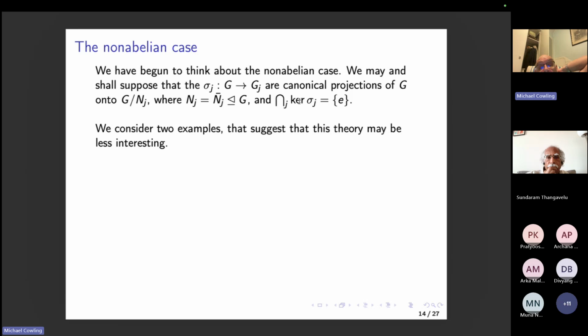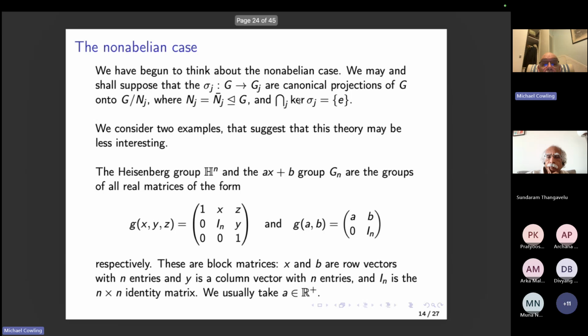Their arguments to show that you need some kind of non-degeneracy also apply in general. So we're going to look at two examples that unfortunately suggest that the theory is going to be less interesting.